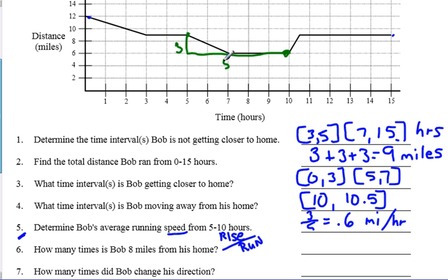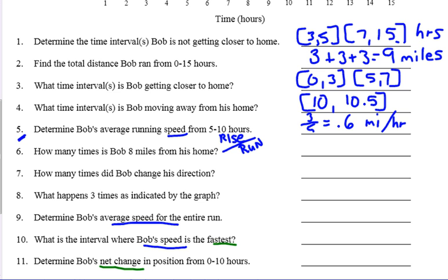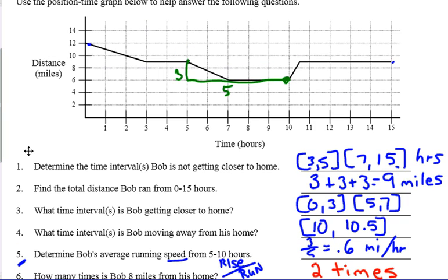So 3 over 5 is 0.6. How many times is Bob 8 miles from his home? Answer, 2 times. How many times did Bob change his direction? Just 1 time. He was going toward home, and then he goes away from home right here at 10 hours.